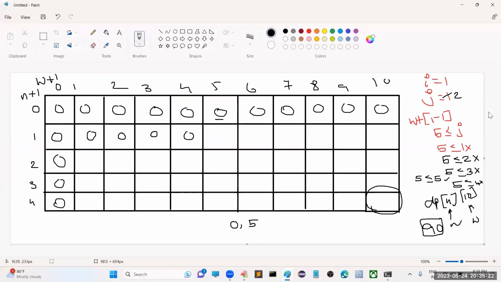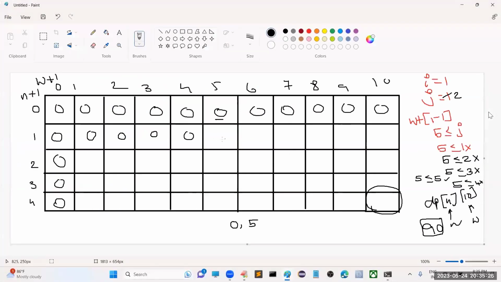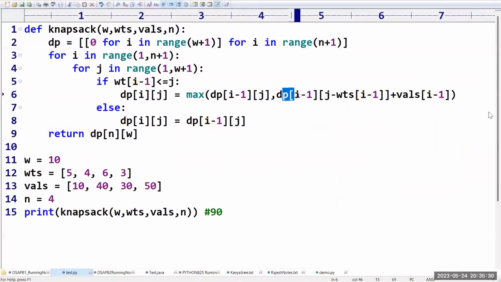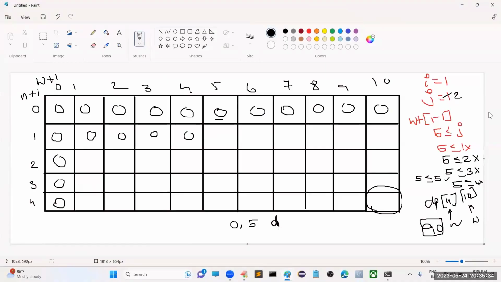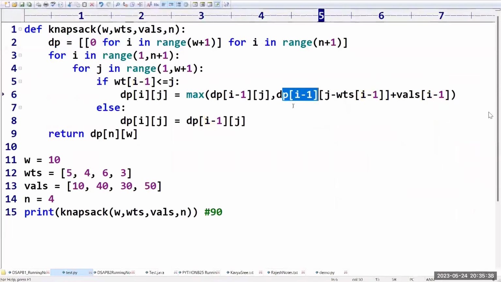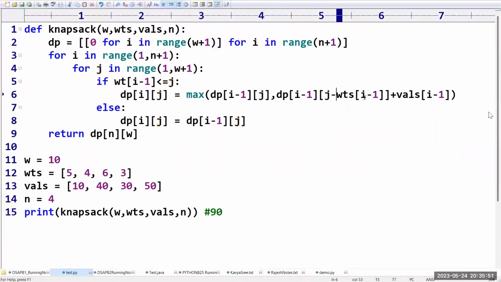Sorry, 1 second. dp of i minus 1 is nothing but what? Your i value here is 1. 1 minus 1 means 0. So that value will become 0, I think, this one. So dp of 0. What is the other argument that we are taking? j minus weight of i minus 1. j value here is 5, right? So 5 minus weight of i minus 1.